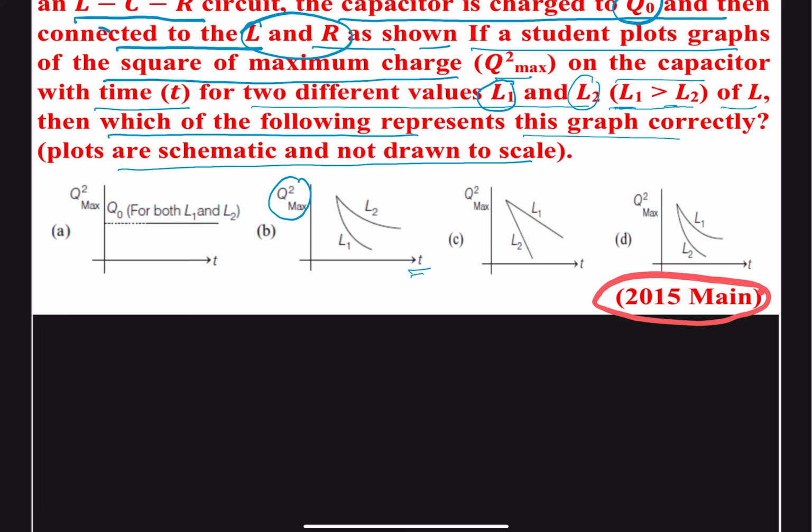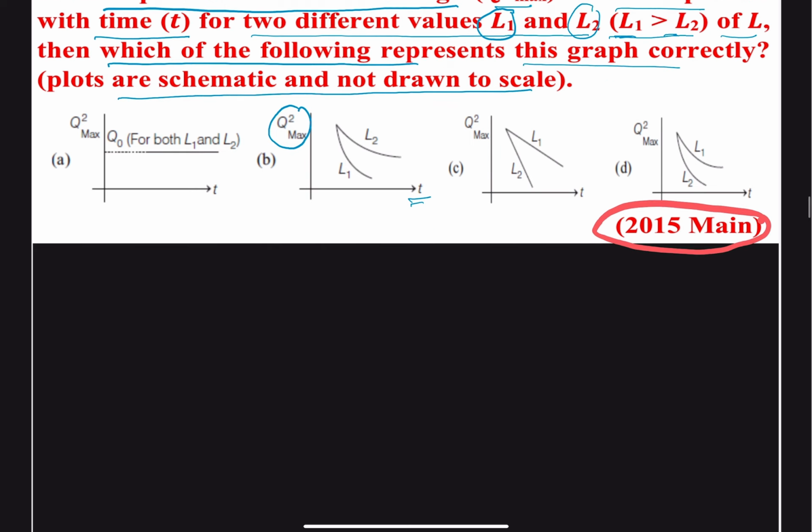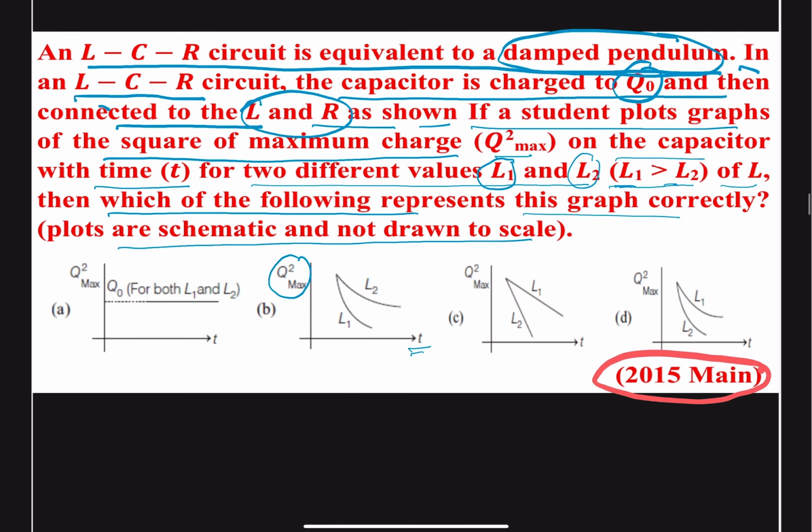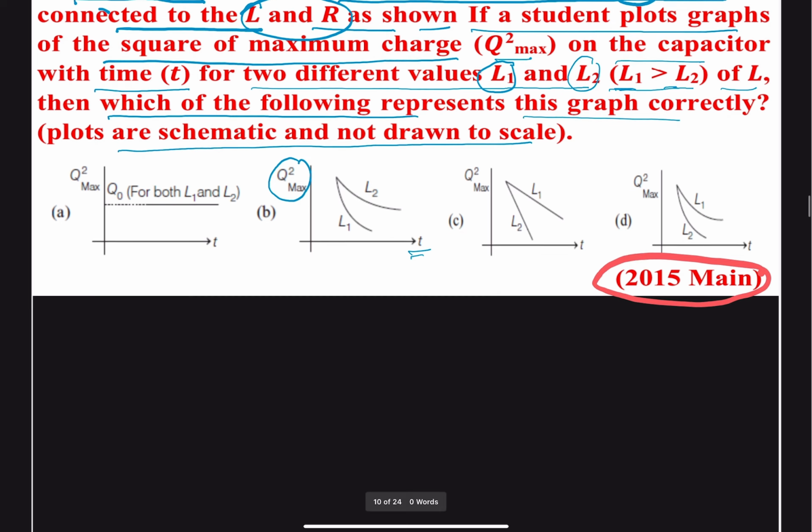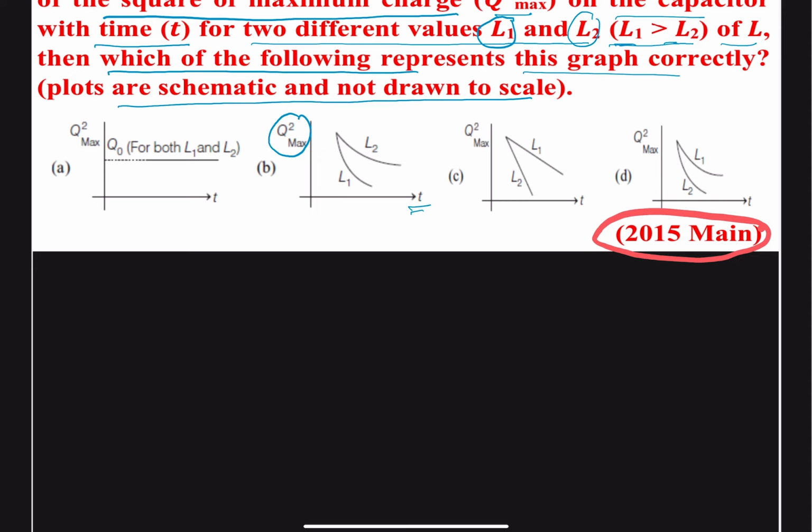Basically, we are going to find out the decay rate of the charge. It is mentioned that it is a damped pendulum because of the presence of this particular resistance. The oscillations are continuously going to die because of the energy that is consumed by this resistance R. Therefore, the charge Q is going to follow a damped exponential decay.